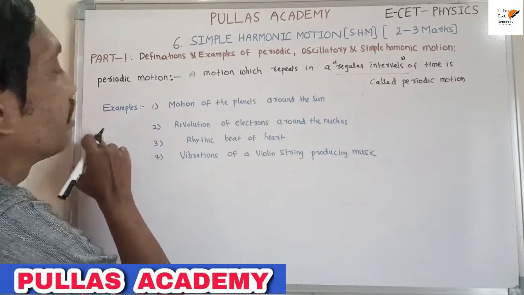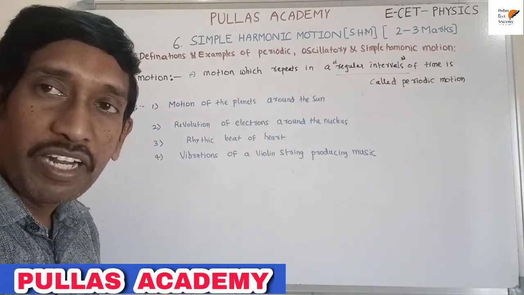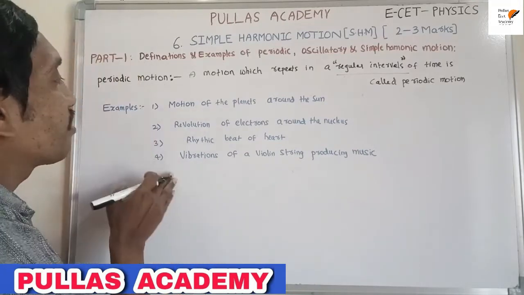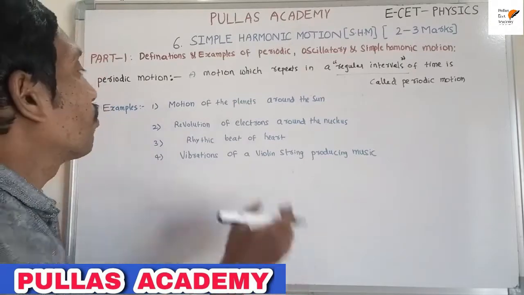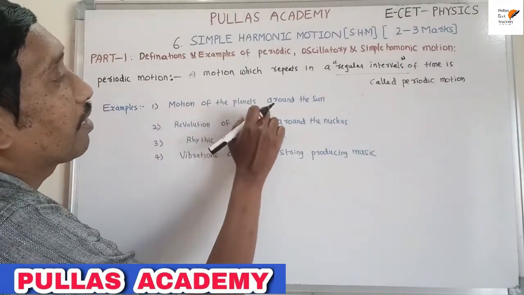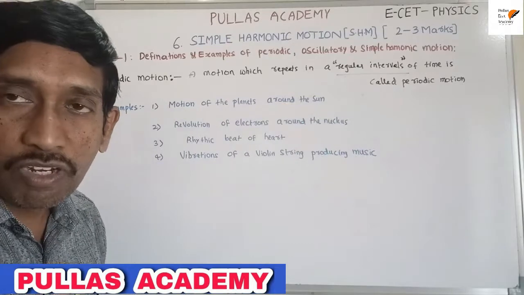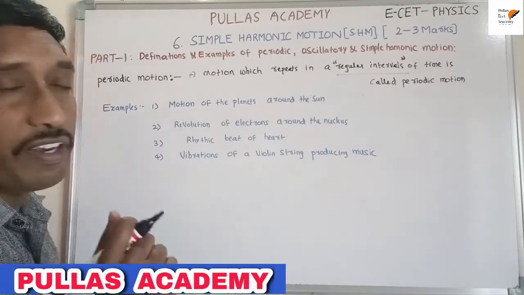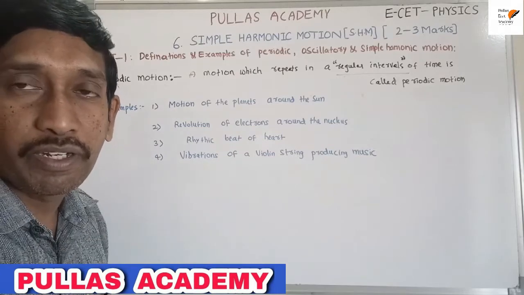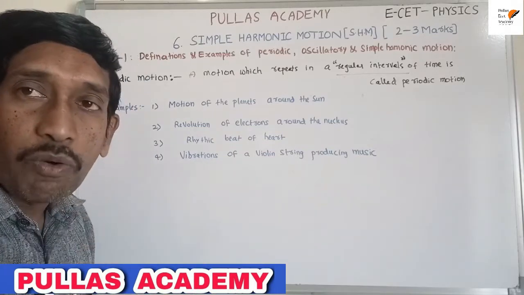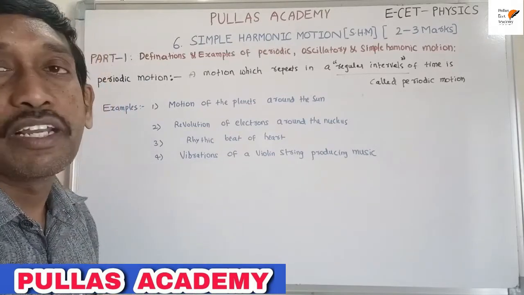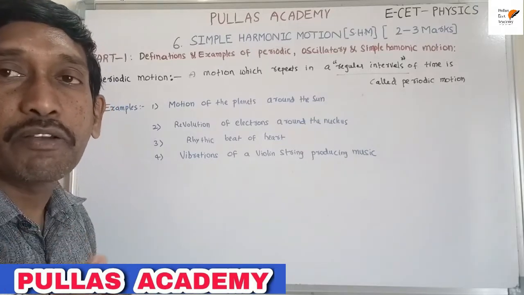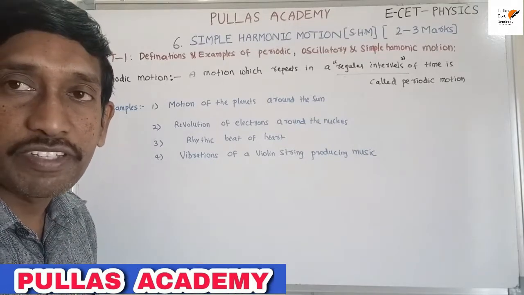I want to explain the examples of periodic motion. So here are some examples. One example is the motion of the planets around the sun. Actually all planets revolve around the sun. For example, if you consider the planet Earth, it revolves around the sun in 365 1/4 days.